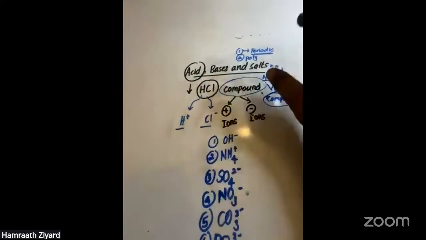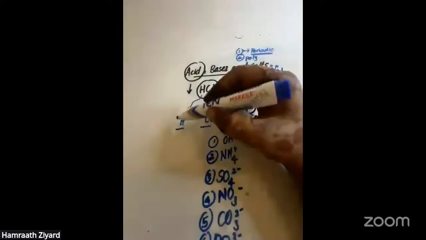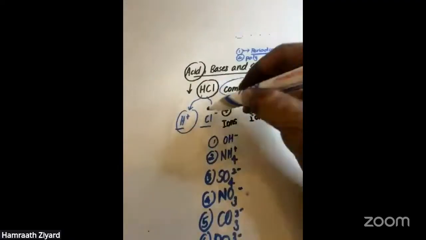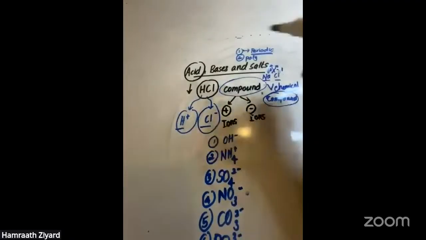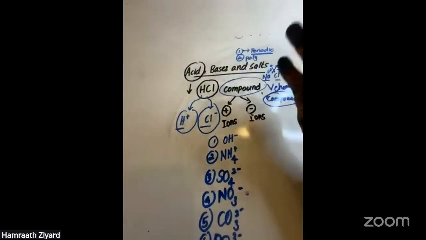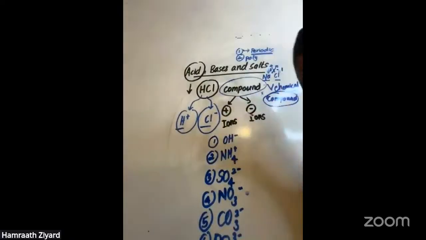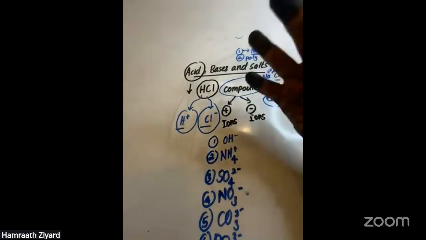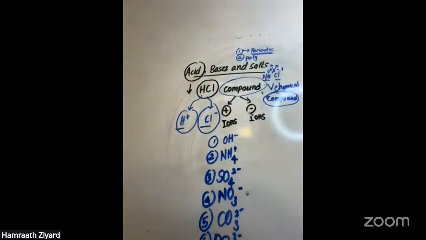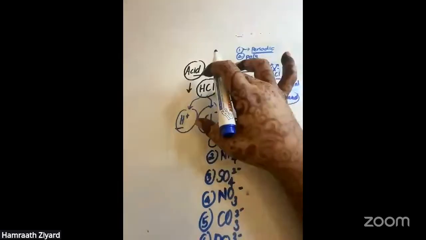Whenever you take a compound, you should know it will have a positive ion as well as a negative ion. Again, you can ask me why? Because positive and negative have an attraction. Positive and positive, they are the same sign, they will repel. Negative and negative, they are the same sign, again they will repel. So if you want to form a compound, it should have a positive ion as well as a negative ion, right?